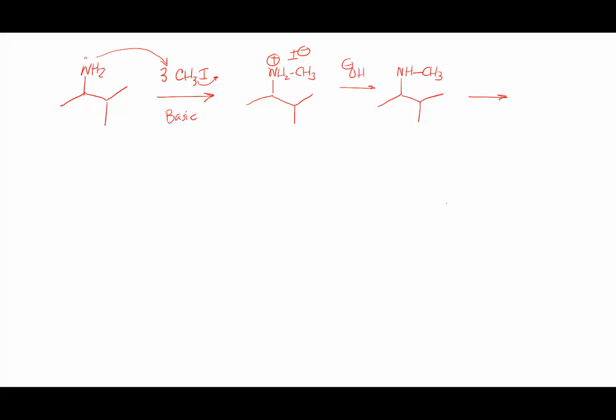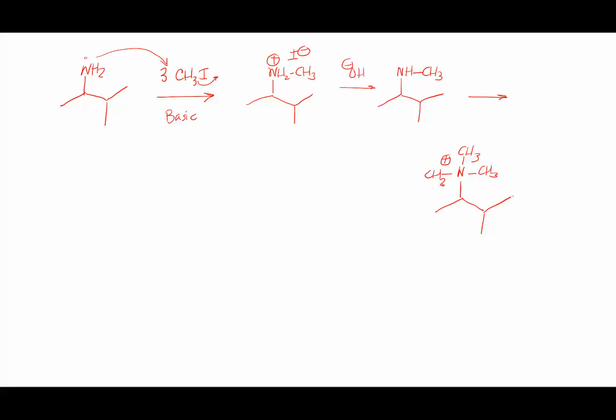And so ultimately I'm going to end up with my nitrogen having 3 methyl groups added to it to form an ammonium salt. On the 3rd addition of a methyl group, there's no H to remove. Now, why would I do that? I would do that because I wanted to turn the nitrogen into a good leaving group.